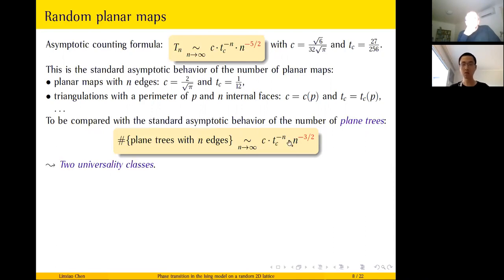So this gives the example of two so-called universality classes. All the random planar maps form a universality class in the sense that when you count them, you always get this exponent 5/2, and reasonable models of plane trees always give 3/2 in their counting formula.